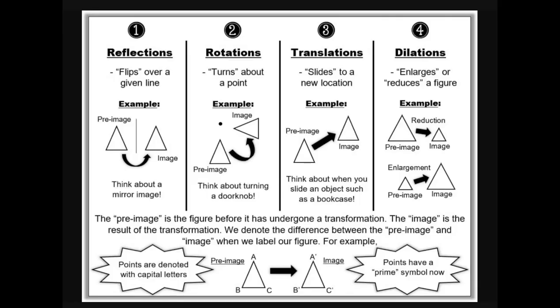But once we've made a change, we put an apostrophe next to each of the letters that we call prime. So if my original image is triangle ABC, my new image, the one that has been changed based on a reflection, rotation, or translation, would be called triangle A prime, B prime, C prime.